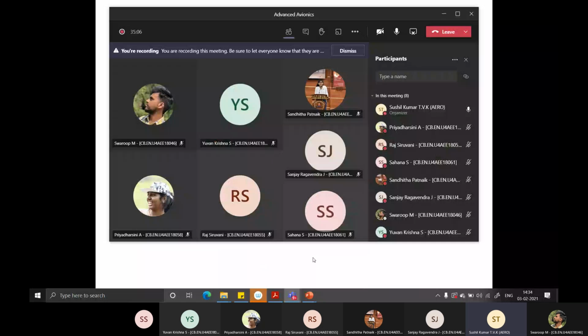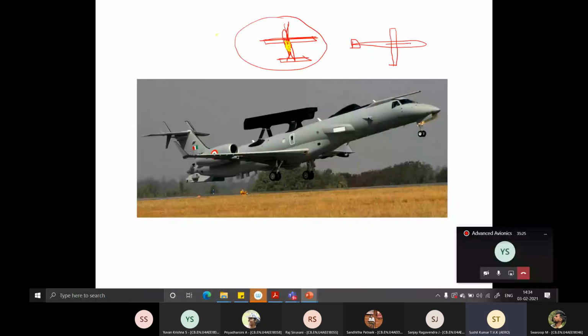I hope the class is getting the point. Had it been a rotating disk, then definitely you can have 360-degree coverage. But now this fellow is just having one rectangular shaped enclosure. And we learned something in antennas which will enable us to achieve this.